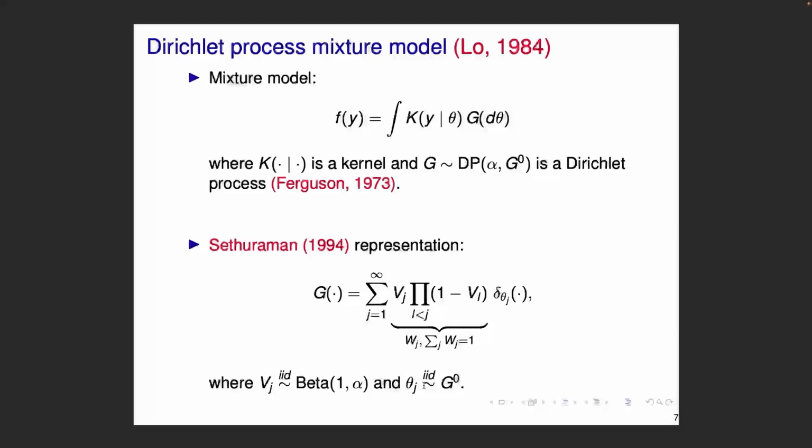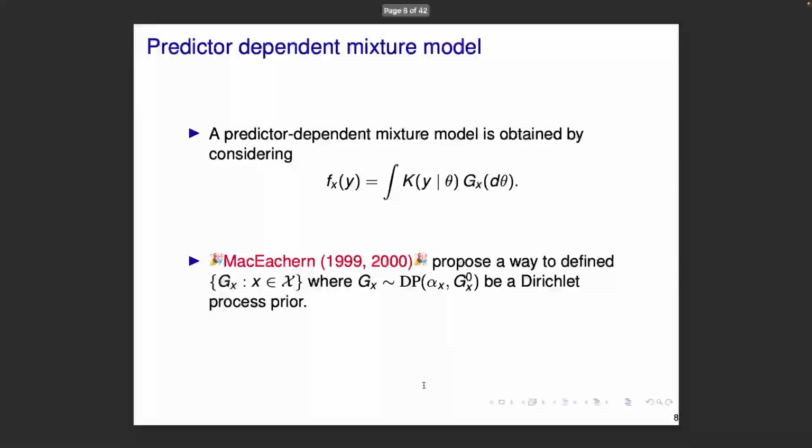Now, how can we take this idea and extend it to the problem of regression density estimation? A way to do it is, well, we need just to index these densities by predictors. And a way to do it is by indexing, for example, the mixing distribution, this G distribution.